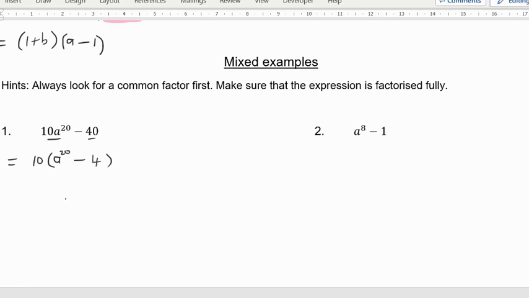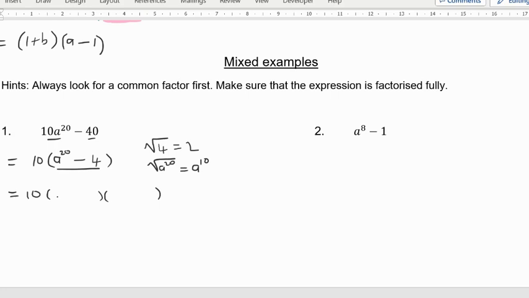Is it fully factorized? What's going on inside the brackets there, grade 9s? Dots. Two terms separated by a minus, and both those terms are perfect squares. The square root of a to the power of 20 is a to the power of 10.